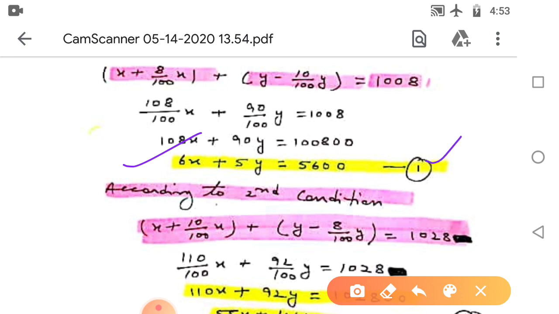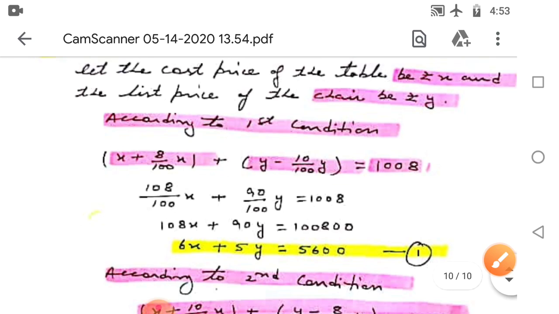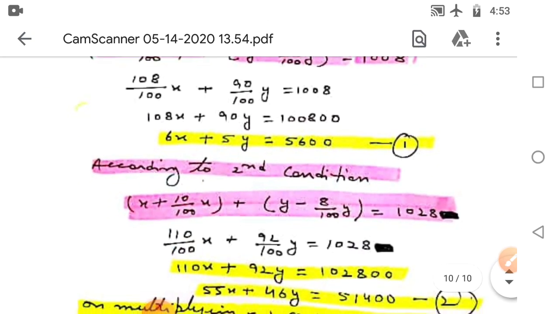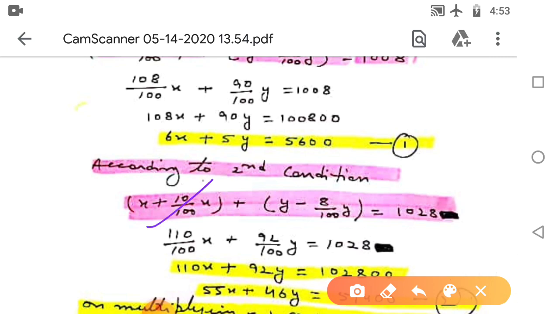According to the second condition, the profit on the table is 10%, that is x plus 10 by 100 into x, and the discount on the chair is 8%, so y minus 8 by 100 y is equal to 1028.